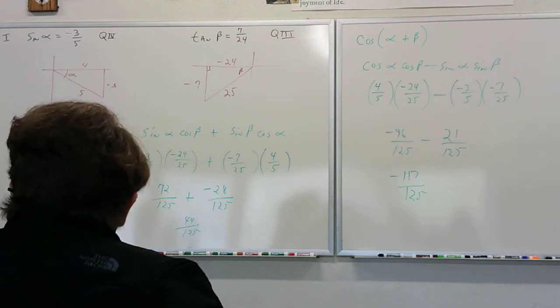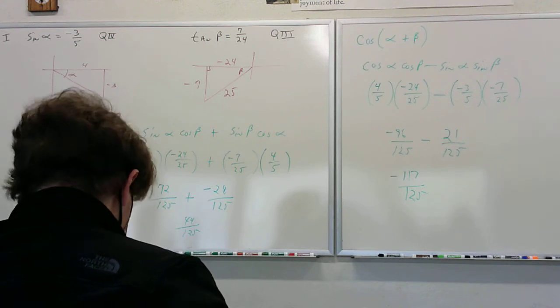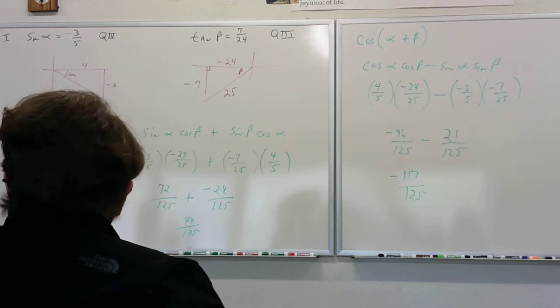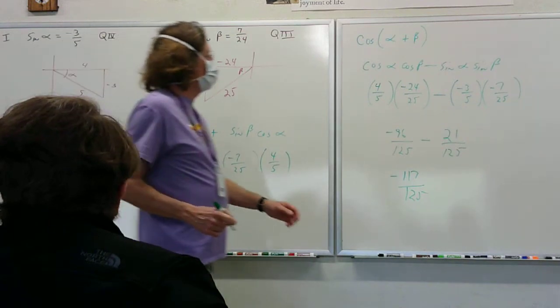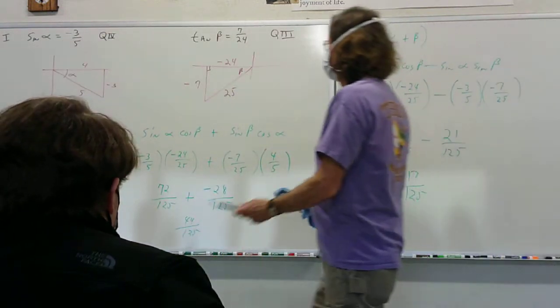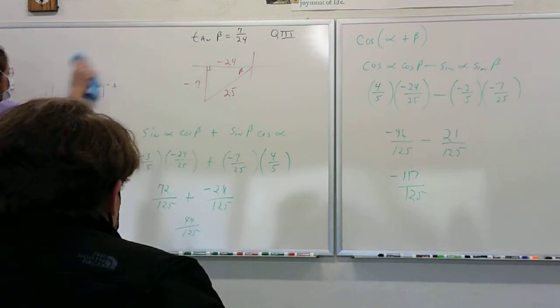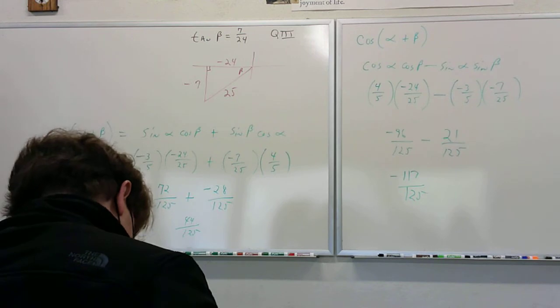Now, let me show you my trick that people that are listening will know about, people that aren't won't. All right. If you ask me what the tangent of alpha plus beta is, I'm going to erase this for just a second because I'm going to put it right up here. This is a biggie.